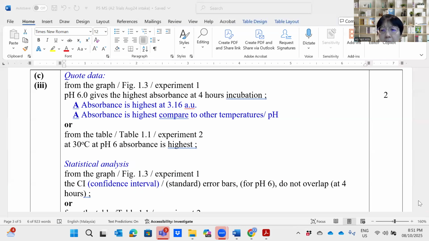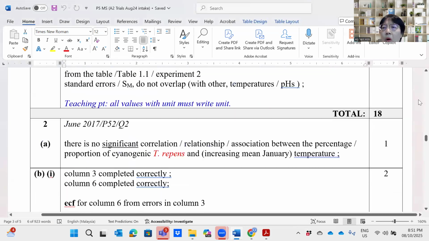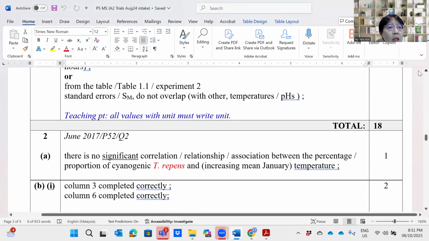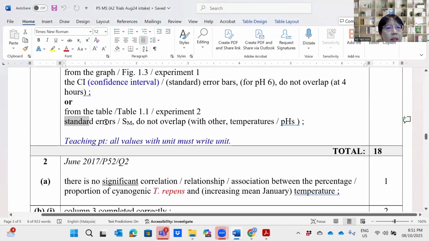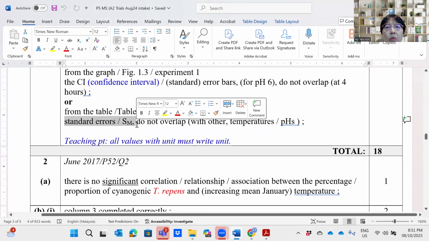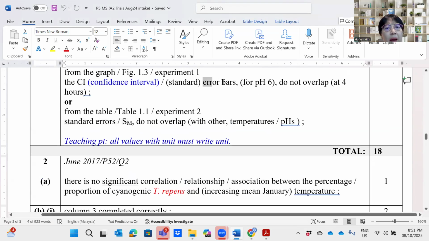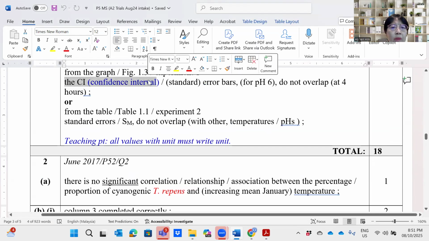What else do we have other than this? Let me see. Standard error is the same, right? They're all the same. Standard error do not overlap, it's the same. The error bar is mean plus minus standard error. Mean plus minus 2 standard error. Okay. And this is also confidence interval.